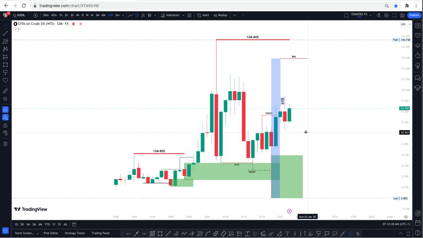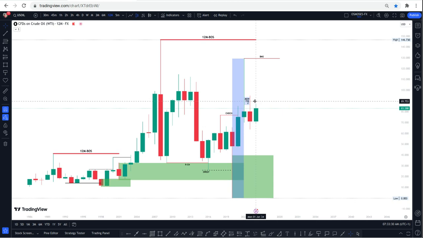Alright, fine. So to take out this high, we need some retracements back to probably this zone, and you can see we tapped into this zone on the higher view.